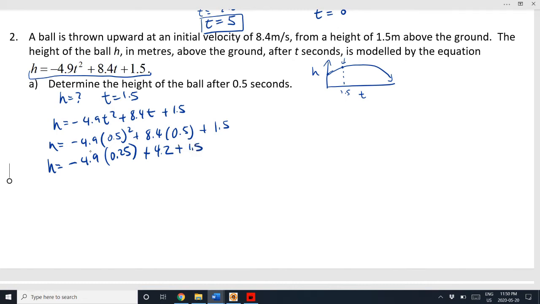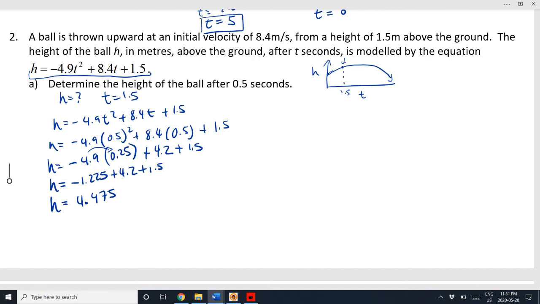And so we just have to multiply these two together here. So we have 0.25 times negative 4.9, and that's going to be equal to negative 1.225. So h is equal to negative 1.225 plus the 4.2 plus the 1.5. And we can add all those together, and we're going to get an h value of 4.475. Just be careful with your negative values here and there. If you just plug that into a calculator, you get 4.475.